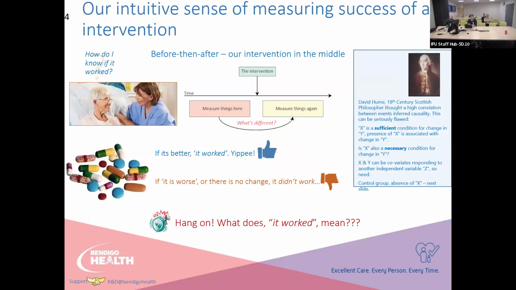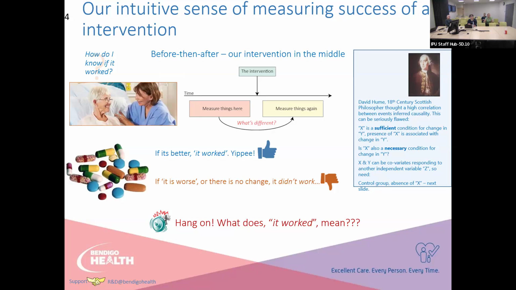So our intuitive sense of measuring change or measuring our intervention is we test something, we try and get a baseline, we do our intervention, and then we measure after the intervention. That's a very simple kind of model, and you might do that in quality improvement cycles. We do it in research as well.